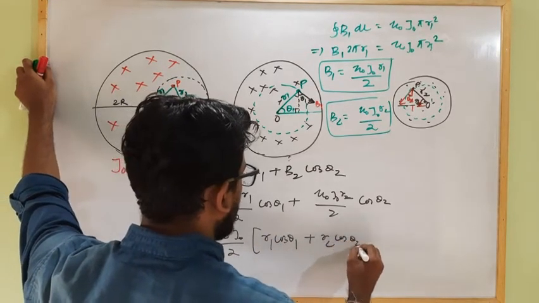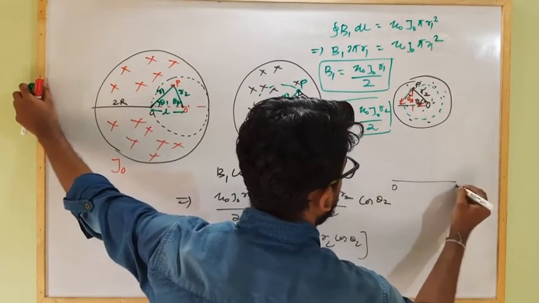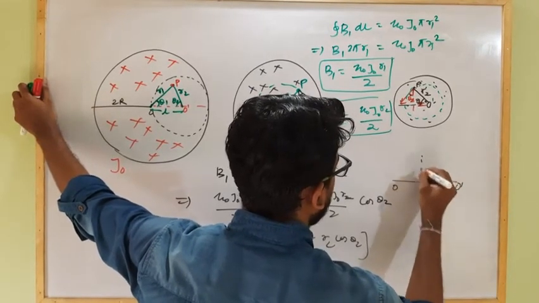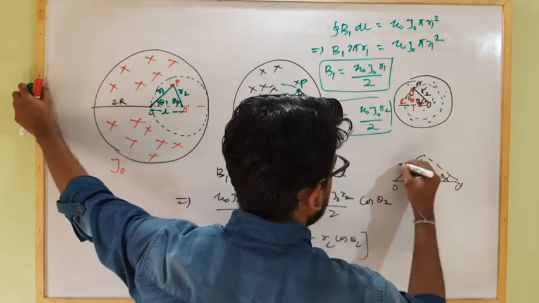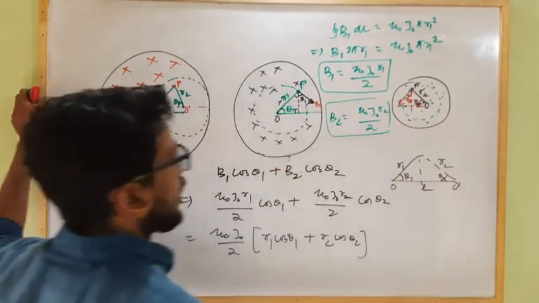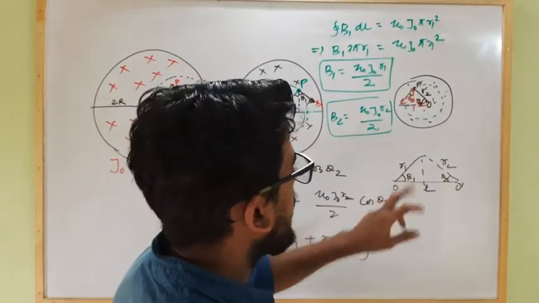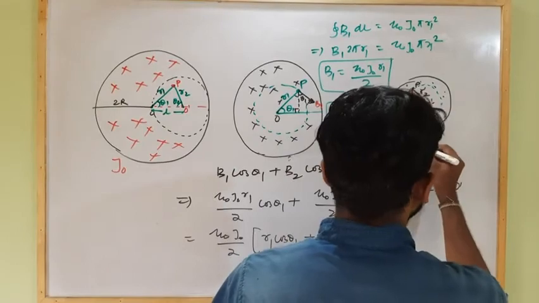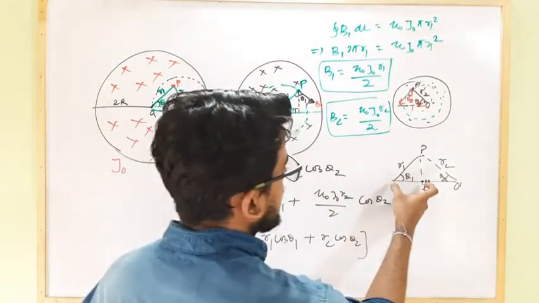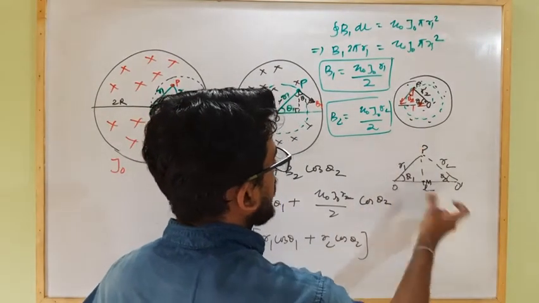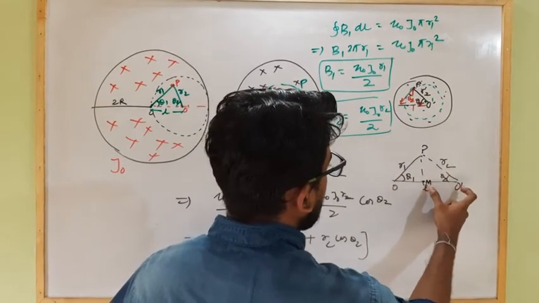R2 cos theta 2. Again in the same triangle, this is O dash, the length is L, this is the perpendicular bisector, this will be theta 1, this is theta 2, this is R1 and this will be R2. So what is R1 cos theta 1? Cos theta 1 equals B by H. This is point P, let the base be M, so cos theta 1 equals OM by R1, so R1 cos theta 1 will be OM and R2 cos theta 2 will be MO dash.